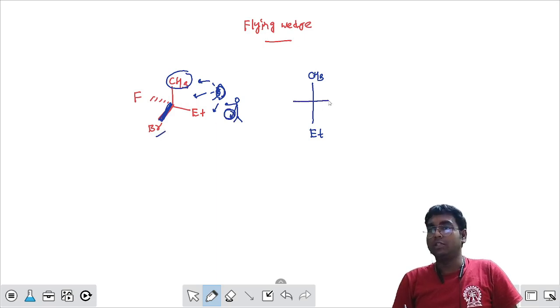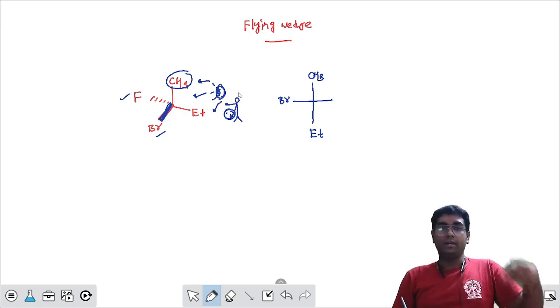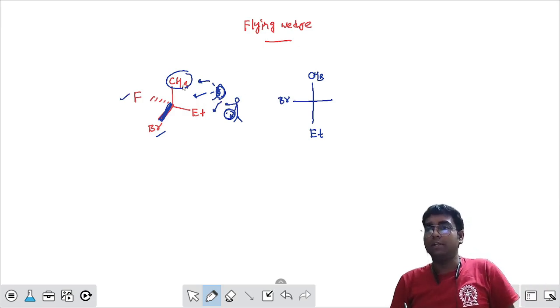So the projection will look like this: the left hand side will consist of the Br atom, and the right hand side will contain the fluorine atom, and the body of that person will contain the CH3 and C-Et bond. Fine. Left hand side Br and right hand side F.